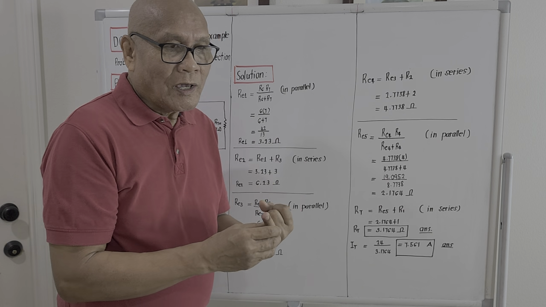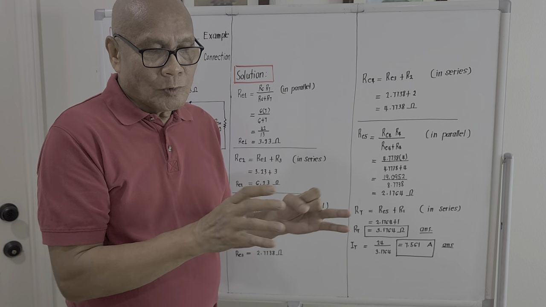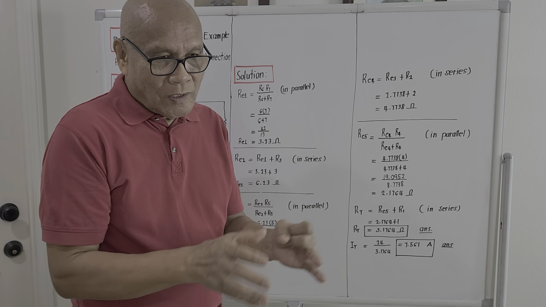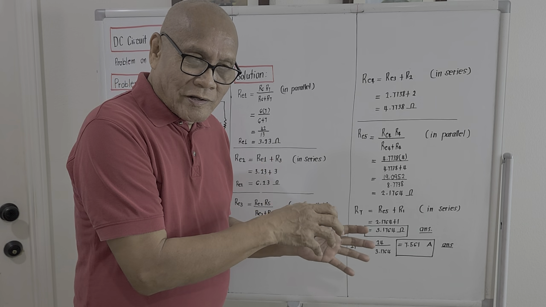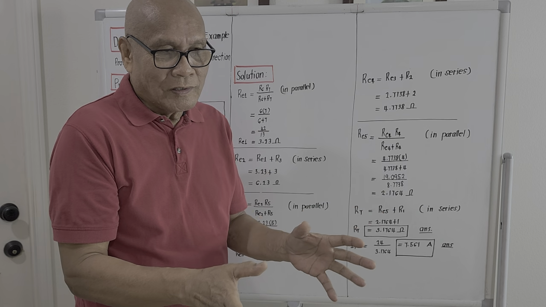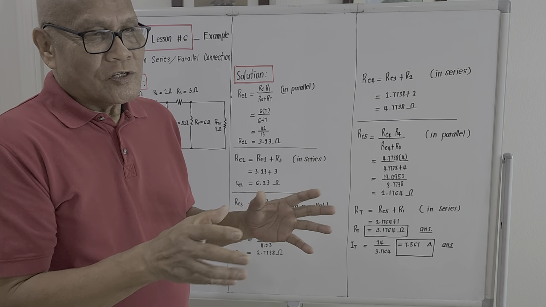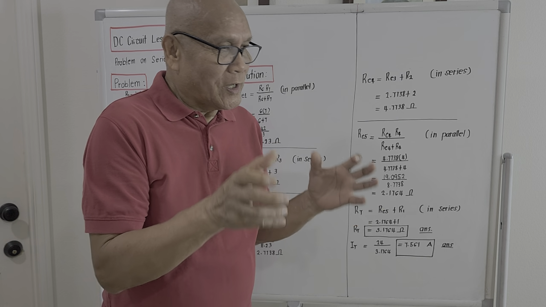So for this evening, I will be presenting a problem that is a combination of a series parallel connection. Because a series parallel connection is actually more complicated than the series, and so with the parallel. So for tonight, like what I said, series parallel connection is actually the heart and soul of a direct current circuit. Okay, let's proceed.